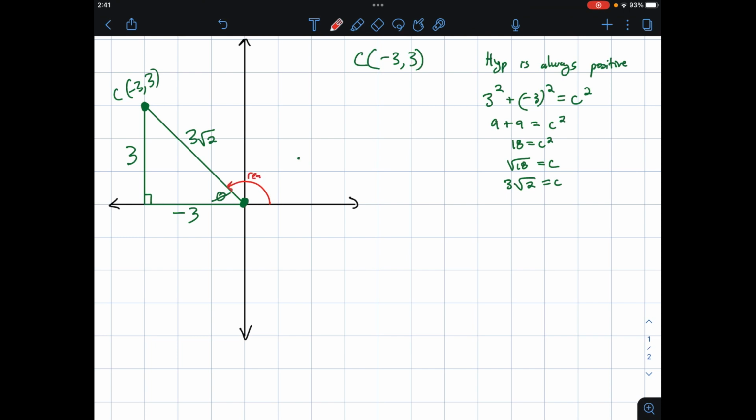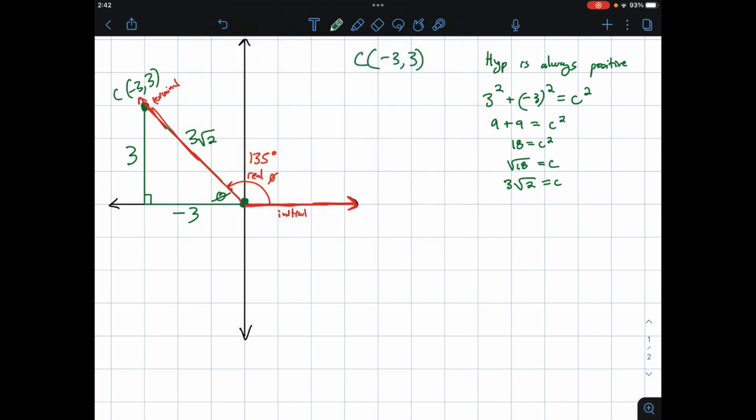This is the real theta, because if we consider an angle in standard position, here's our initial side, here is our terminal side, and the angle theta is contained between those. So our angle is actually 135 degrees.